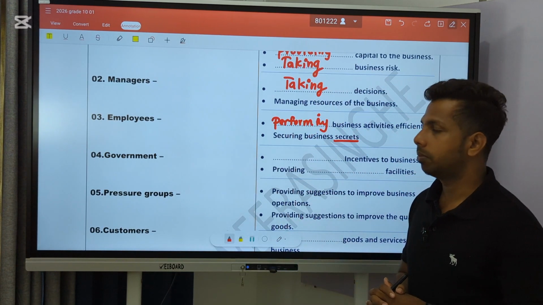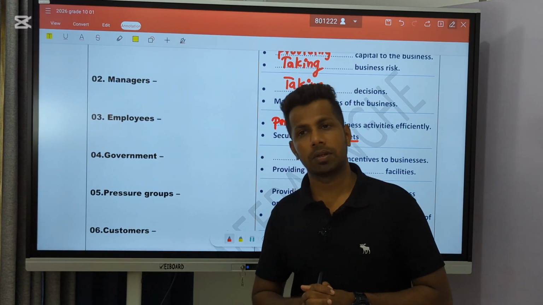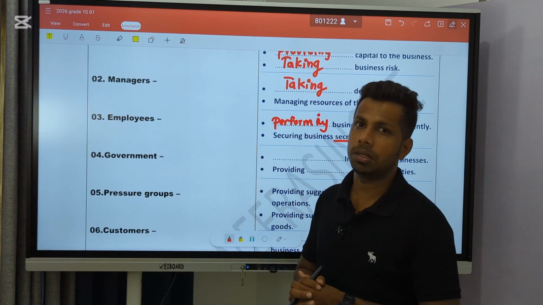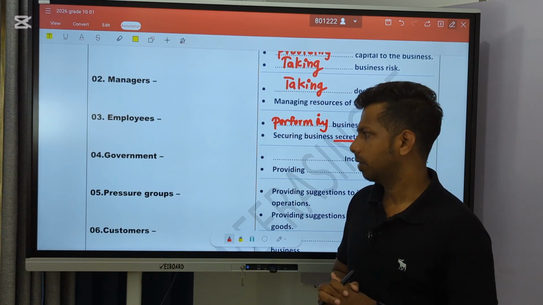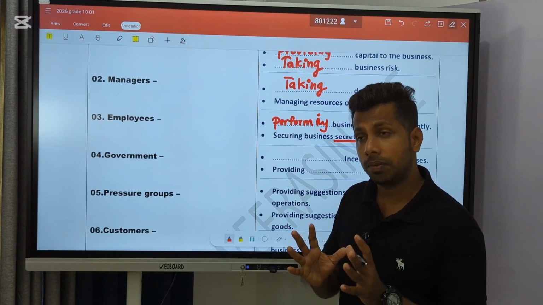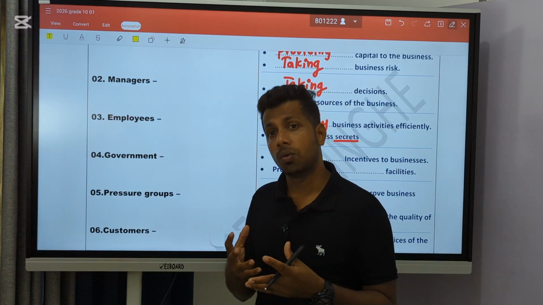Now let's shift to government. Earlier we talked about interest of government, objectives of government, in other words, aims of government. Now don't say the aims. Come on, tell me the objectives of government.